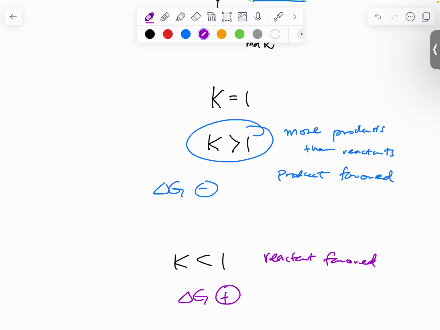Do they break down? They do. Is it happening? It is happening as we speak. So do we say it's not spontaneous? Then it would not make sense because it is happening. It is happening, so we should say spontaneous. So we should not look at it from the spontaneity point of view. We should just say, oh yeah, it's not that favorable to proceed in that direction. I'm going to guess that that is the reason behind the change of language.